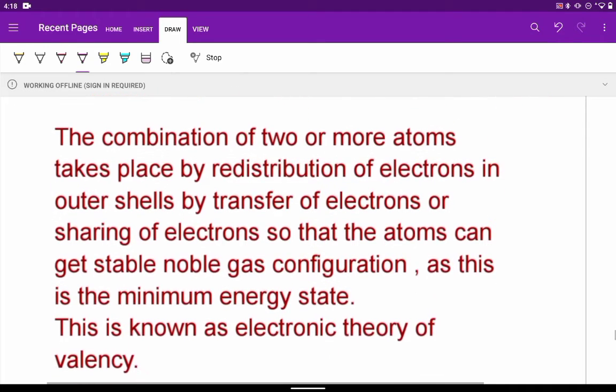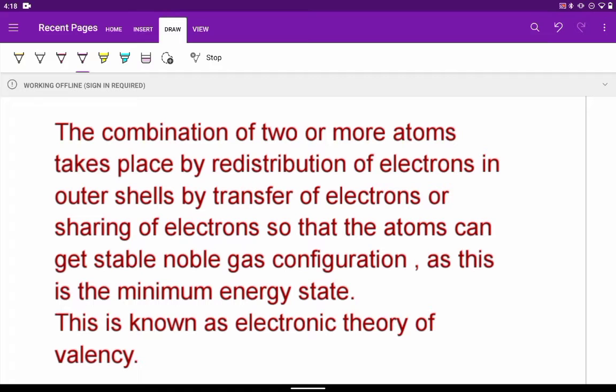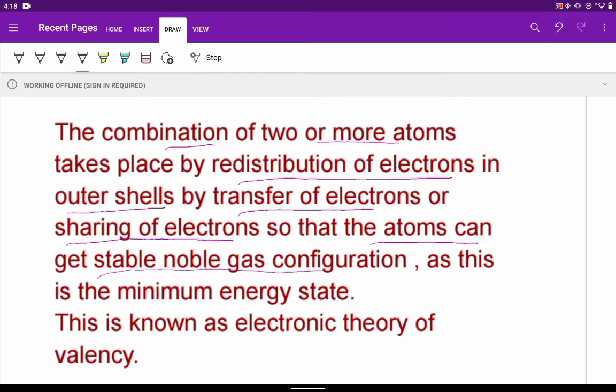Now, as per the electronic theory of valency, when two or more elements combine by redistributing their electrons in the outer shells, they do this either by transferring electrons or by sharing their electrons. Why they do so? They do so that the atoms can get stable noble gas configuration. The stable noble gas configuration entitles minimum energy state.